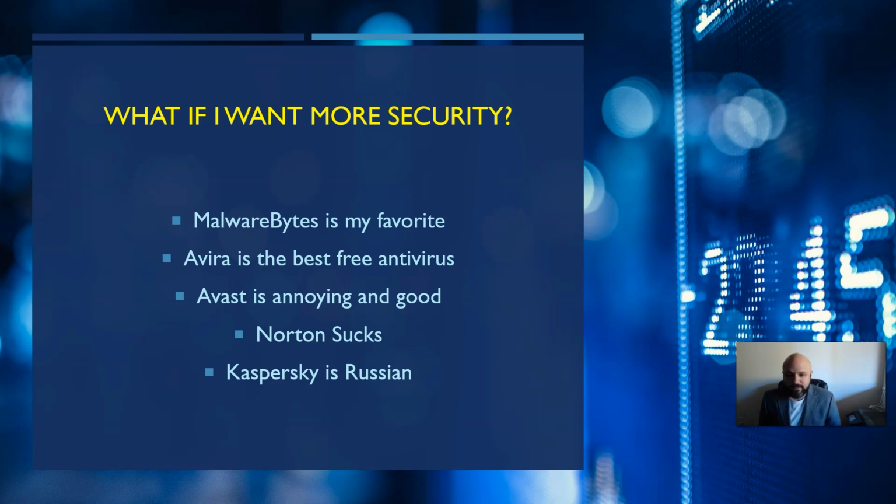A lot of companies have done some independent research on different antiviruses and found that Avira antivirus is the best free one. It's not very pretty. It doesn't look great, but it is free. And you can't beat free. It also takes up a little more resources. If your computer's a little bit older, Avira antivirus might slow it down.